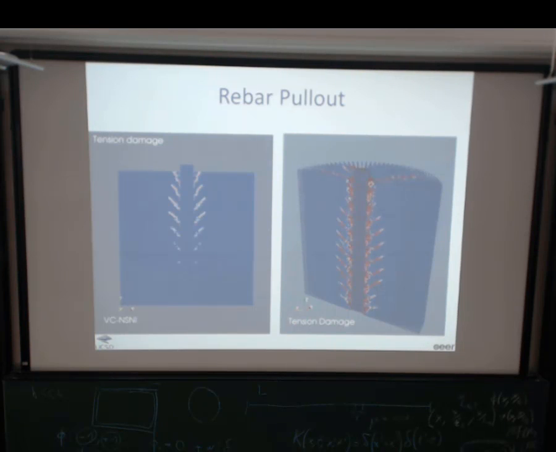Okay, so this is one application. We use this to study the interface failure mechanisms between the reinforcement and either the cement or the ceramic material. And this is a ribbed rebar. And as you can see, as you pull it out, then it forms a damage zone starting from the rib location, and it propagates.